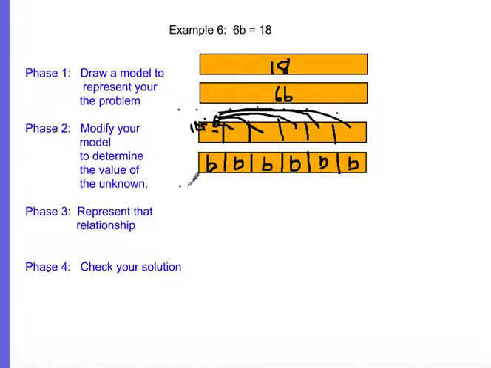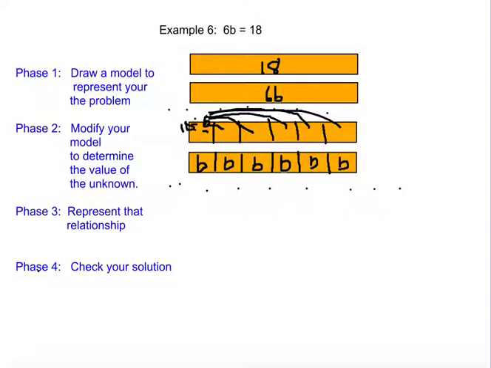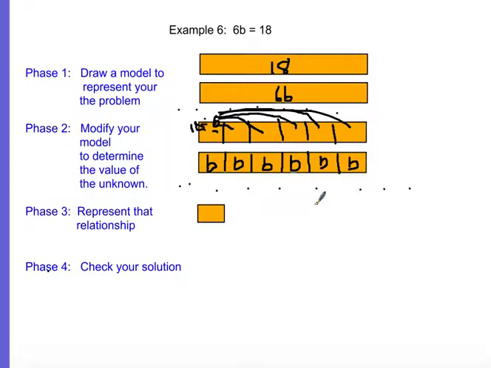And now we can move on to phase 3, where we are going to represent this relationship with this expression in just one piece, or a single value of b, no more than that. And we will have this small piece of a tape diagram which had a value of 18 divided by 6. 18 divided by 6 is equal to 3.